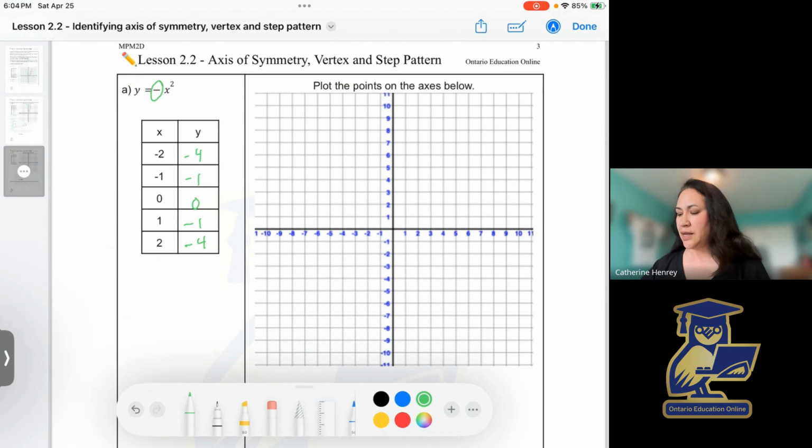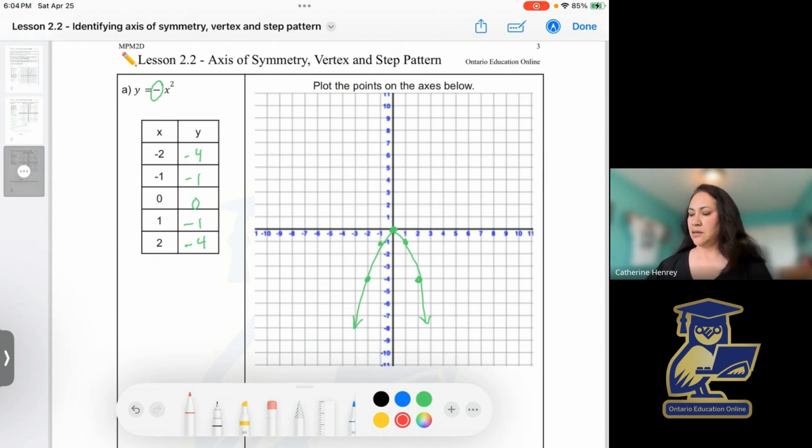So let's go ahead and plot these points. We still have 0, 0. We have 1, -1, 2, -4, -1, -1, -2, -4. And what has happened here is it seems that our parabola is flipped upside down.